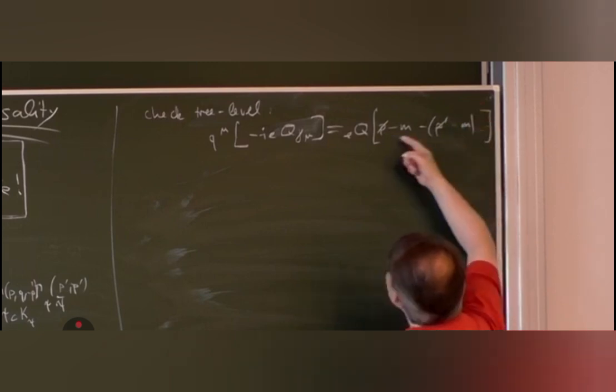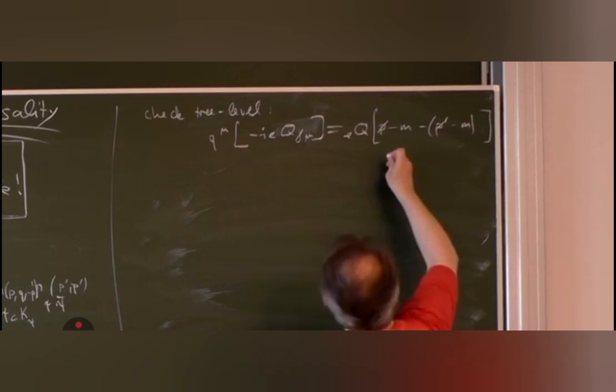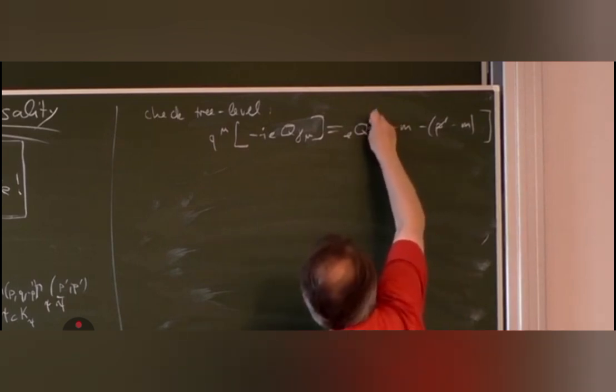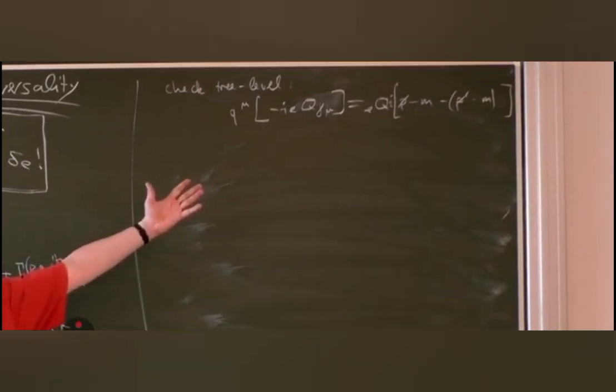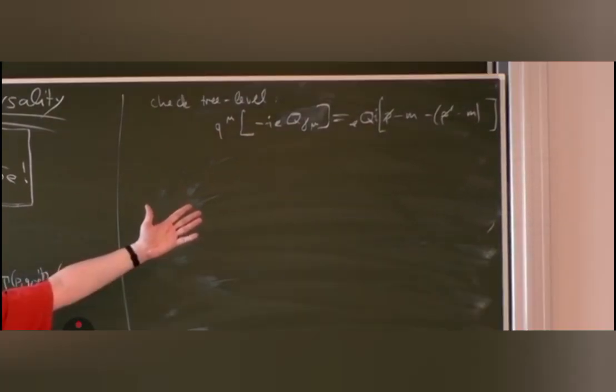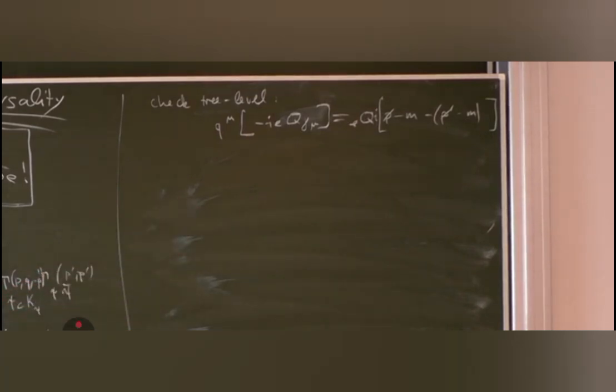And then you can check whether it is correct. By the way, we forgot about the i times i, because that is of course i times p slash minus m. Then the mass cancels, and on the right-hand side you get p prime minus p is q, and then it matches.